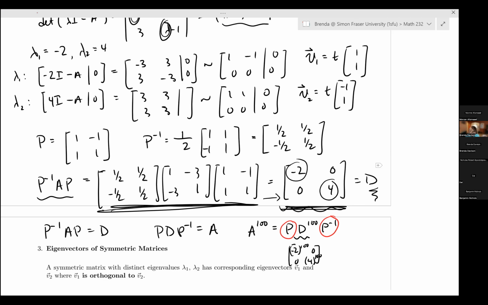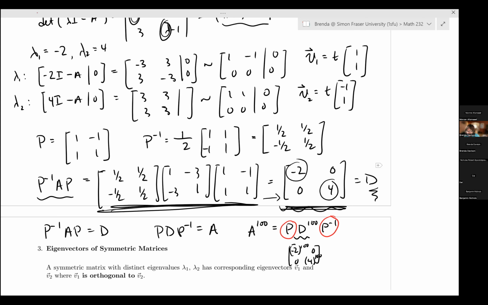So a typical question would be, find the matrix P that diagonalizes A, or find A to the 5 or something like that, or maybe making it so that you for sure can't multiply it out, find A to the 1000. Then you would have to find P to the minus 1, and D, and then write out the multiplication and actually find the 1000th power of the matrix.